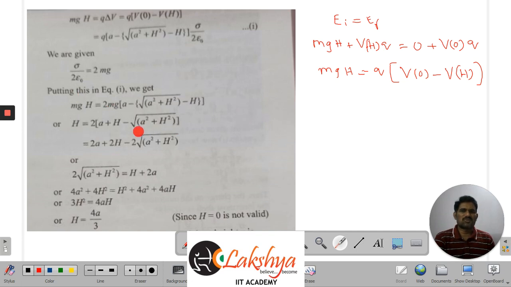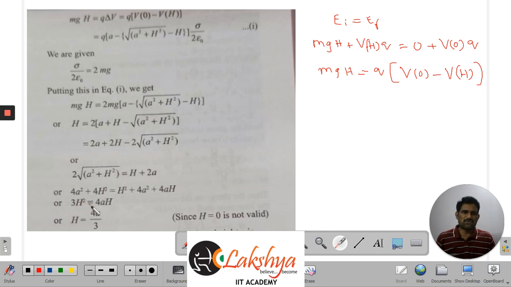You will get an equation in terms of h, and on simplifying you will get 4a by 3. That means if you release the particle from a height of 4a by 3 along its axis directly above the center of the disk, then that particle will reach the center of the disk with zero velocity. We are dropping the particle from rest and again it reaches the center of the disk with zero velocity there, right?